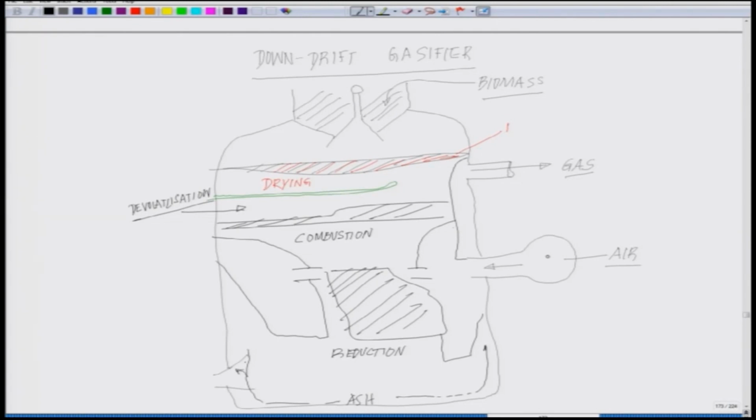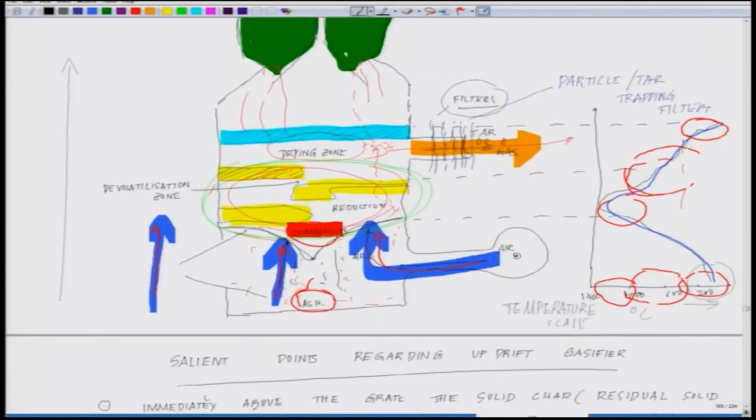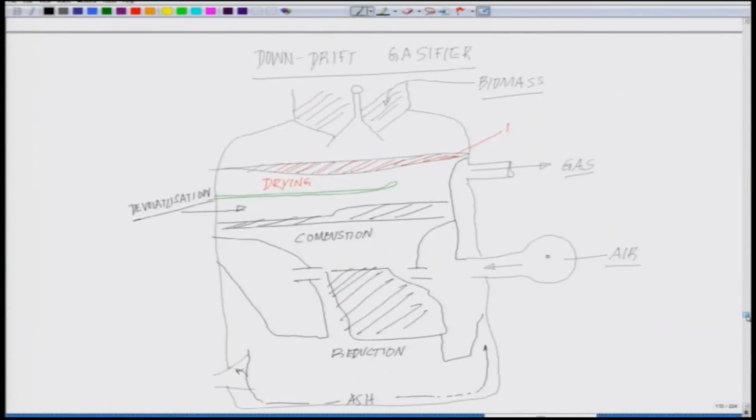Now, if you compare this picture with the previous updraft gasifier, you see the air is moving in here and moving all the way to the top. Here, air is not following that route; air is coming in and moving down, and that is where the reduction is taking place and ash is getting accumulated.